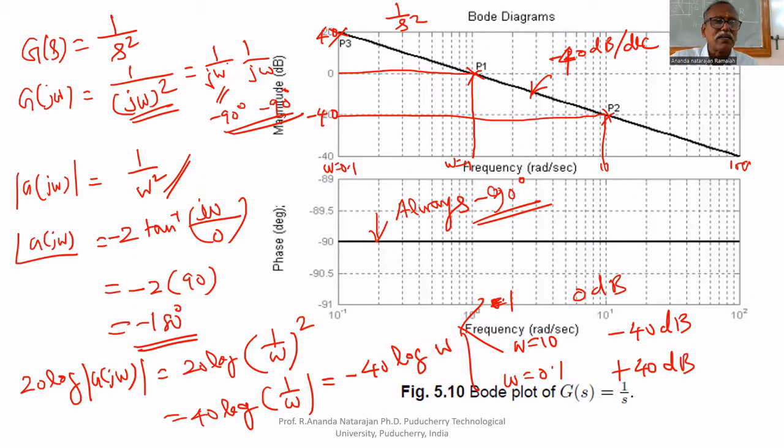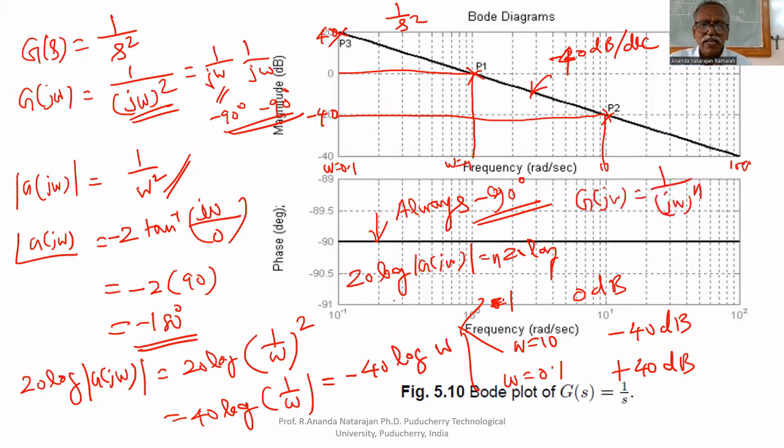If instead of 2, n is there, then 20 log modulus of G of j omega, where G of j omega equals 1 by j omega to the power n, is n times 20 log 1 by omega.